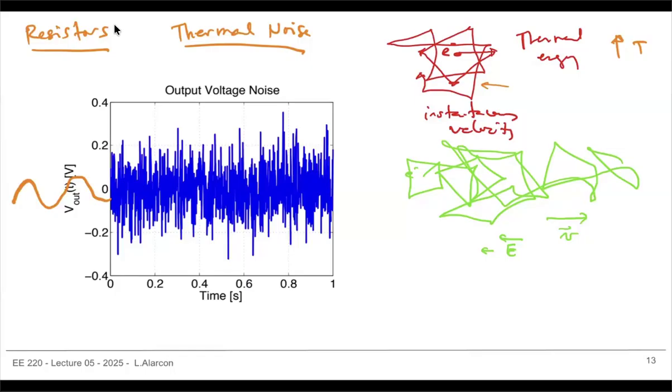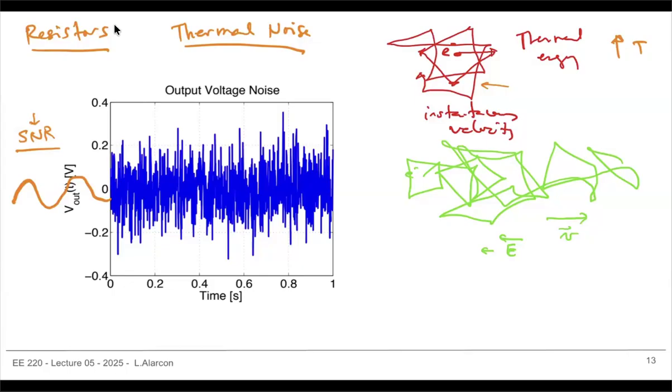Right? And hence, it's very important that we understand our main metric for this is our signal to noise ratio. So that means I want to figure out how large this noise is relative to the signal that I want to process. But to be able to do that, we need to figure out a bit more about this whole noise thing.